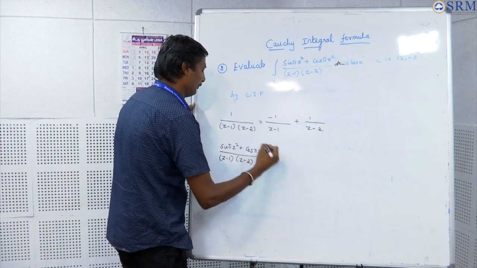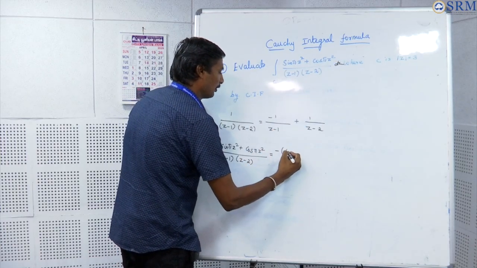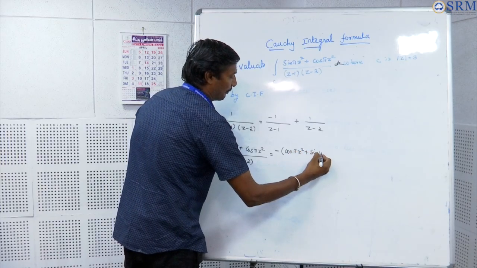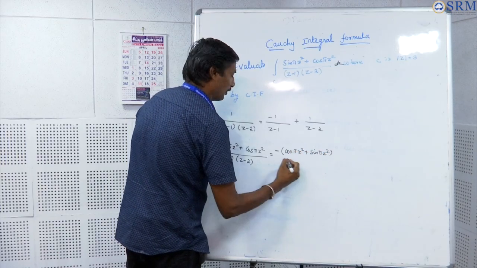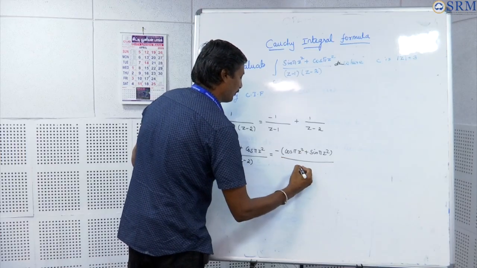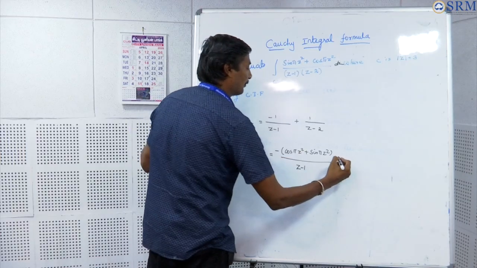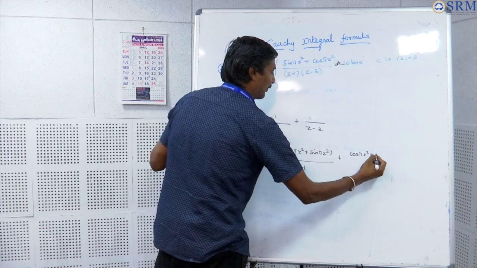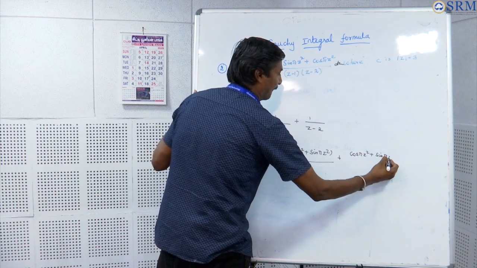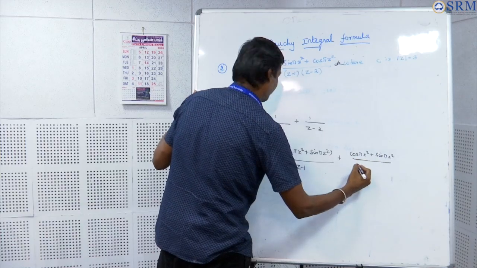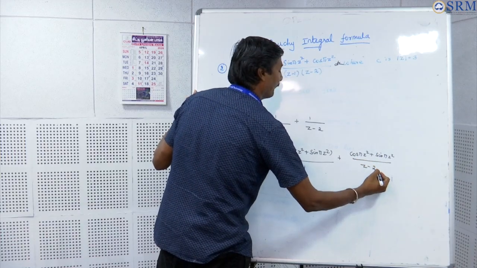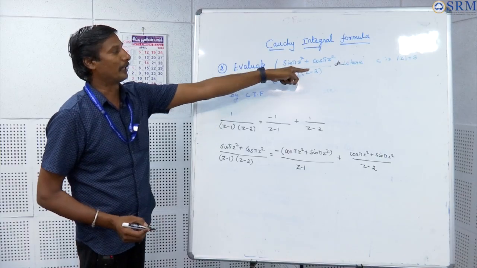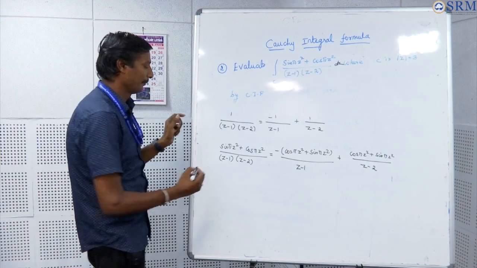is equal to, so what will come? Minus common, cos pi z square plus sin pi z square upon Z minus 1 plus cos pi z square plus sin pi z square upon Z minus 2. So in this question, what is missing? Integration with respect to Z on both sides.